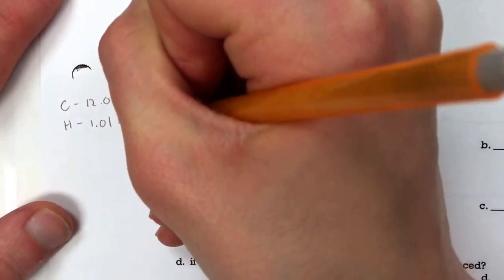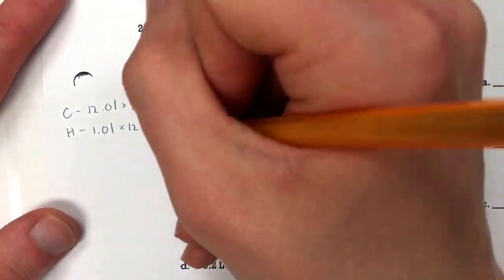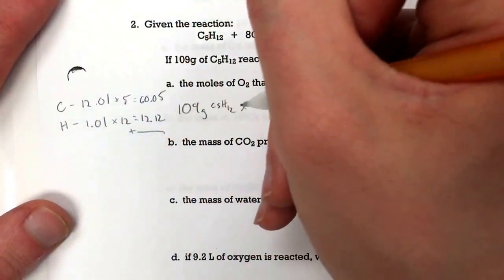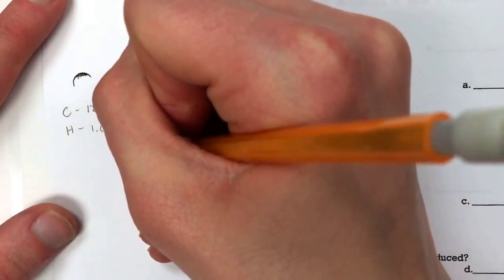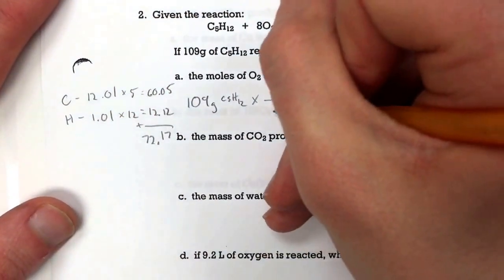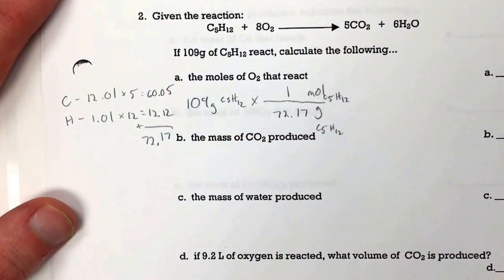And 12 times 1.01 is 12.12. Okay, so you just add those two values up and you get 72.17. So we can plug that in right there, 72.17.